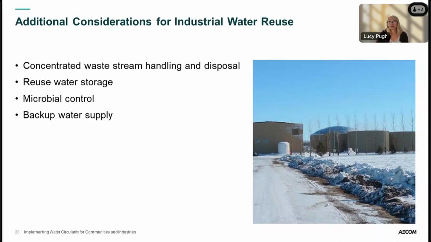So a storage system is required to kind of balance things out. Microbial control for the storage and the distribution system may be required. And then a backup water supply may be required if the reuse facility is down for maintenance or for other reasons.